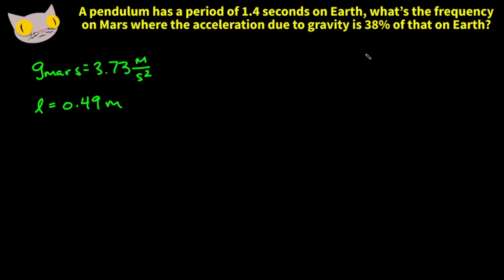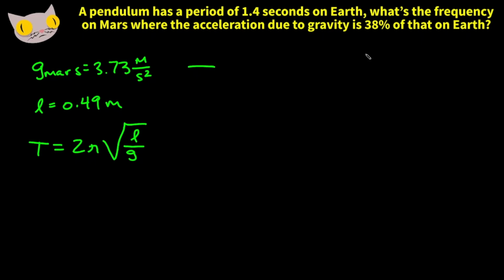So now we need to find our new period on Mars. So we'll use this equation again. T is equal to 2 pi times square root length over g, and then we can just plug in our values.